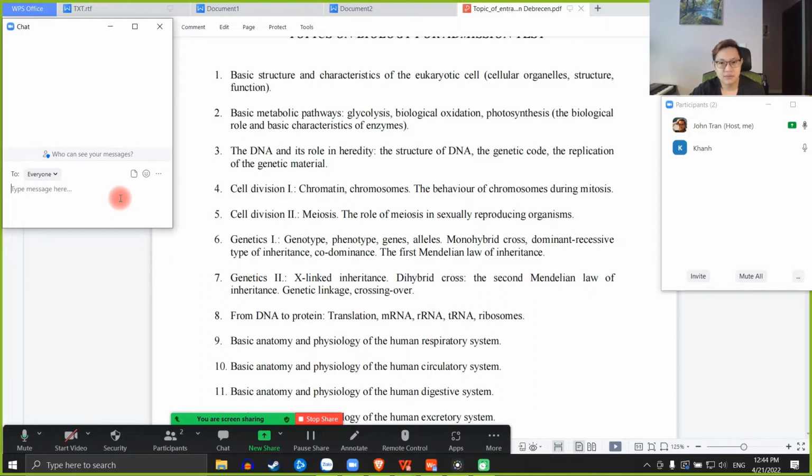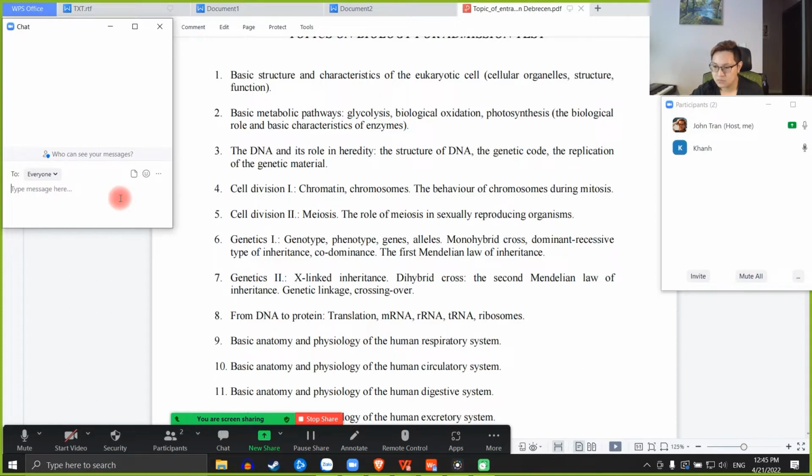Now, can you give examples of X-linked inheritance? X-linked inheritance examples: red-green color blindness is a recessive condition. The normal allele is dominant over it.